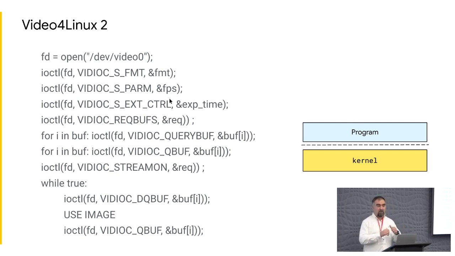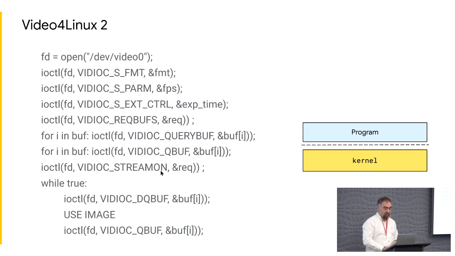You say, I want this amount of light, this white balance, all those parameters. You allocate some buffers. Say, I want these video frames to be in these 3 locations in memory. You give these frames to the kernel. You say, yeah, these are the frames. This is how I want them. And you start the camera.